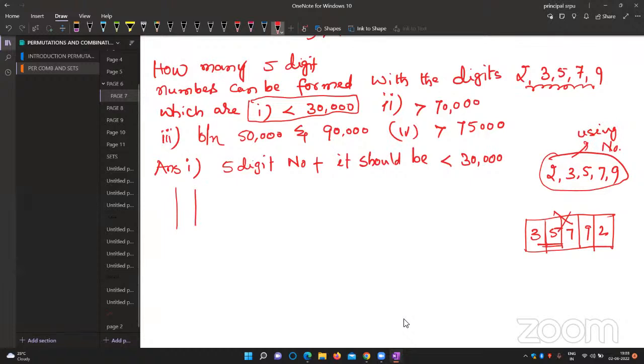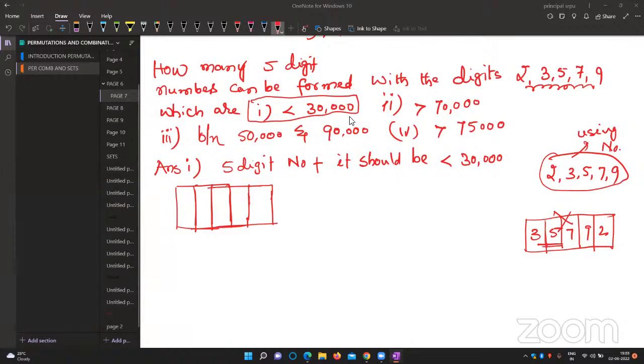Please try to understand. There is nothing to study in permutations; the only matter is that you have to understand. As you are aware, almost all of you have not attended permutations and combinations properly.